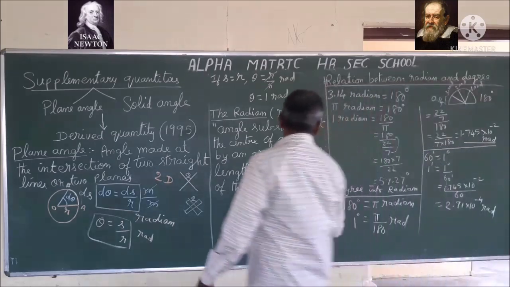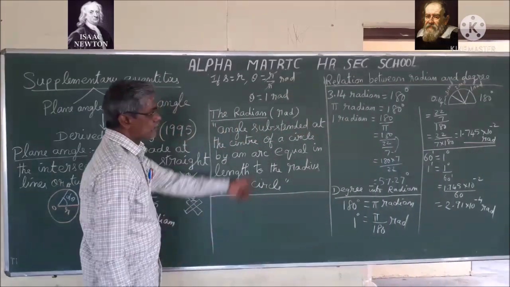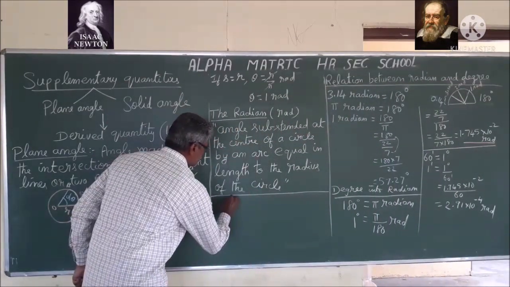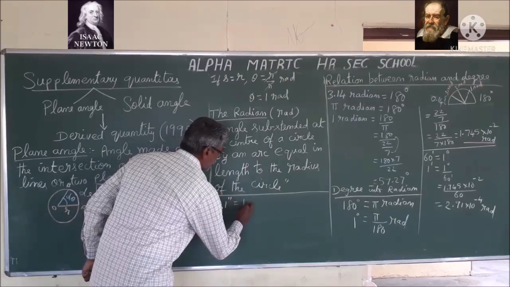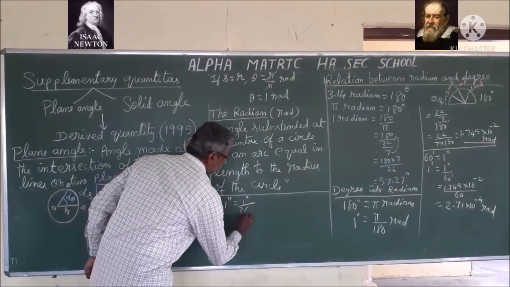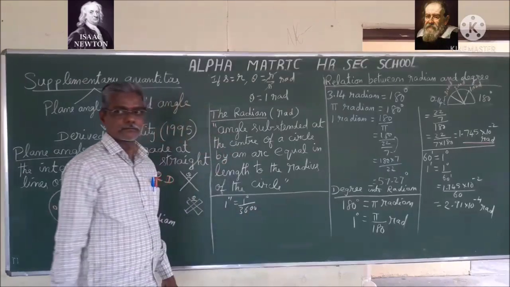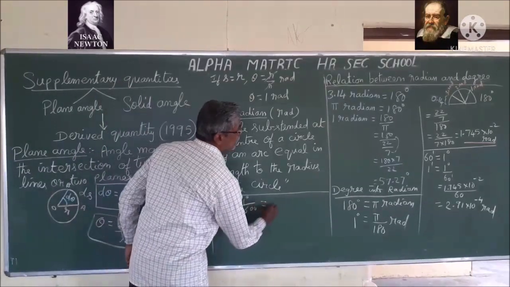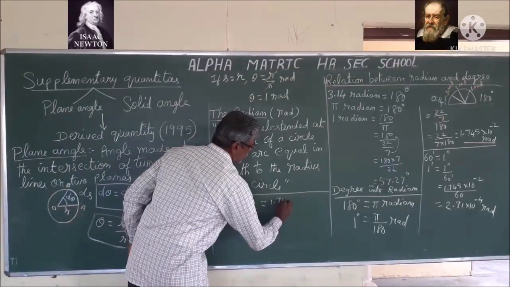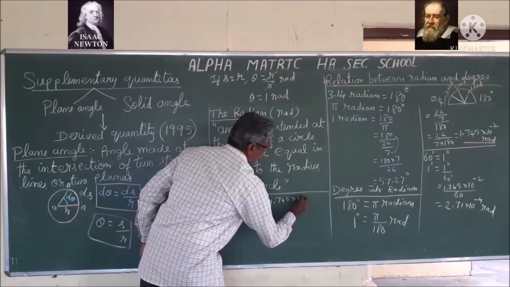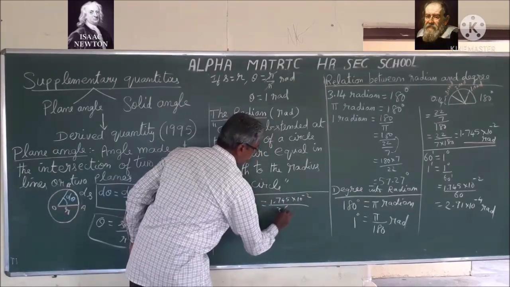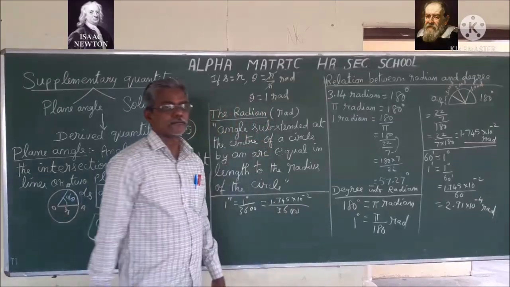Next, we will calculate for 1 second. 1 second will be equal to 1 degree divided by 3600 second. So what is the value for 1 degree? 1.745 into 10 power minus 2 divided by 3600.